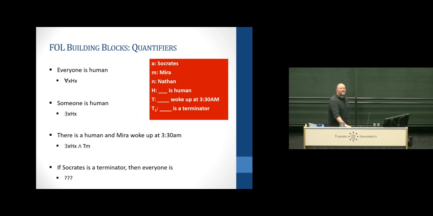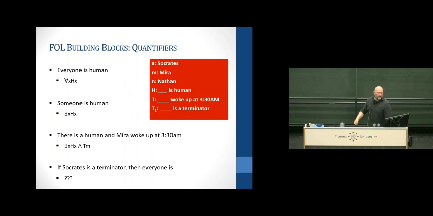And our last one, if Socrates is a terminator, then everyone is. Maybe we can help ourselves out, right? What's going to be the big connective here? We're thinking about it, right? Looking at the stuff we did last time. Yeah. It's going to be our conditional. It's an if-then statement. So let's think about how we would do the parts, right?